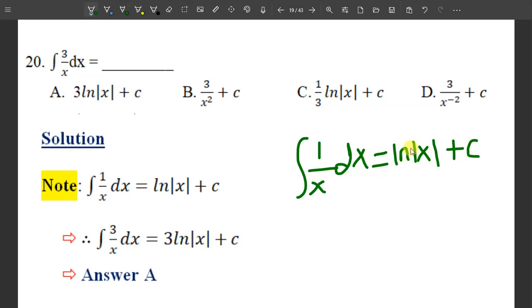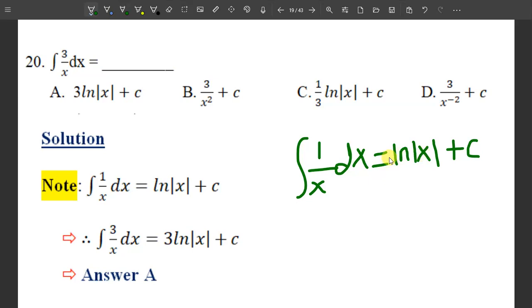Here the absolute value of x is needed because the domain of any logarithmic function written in this form is greater than 0. 0 and below 0 cannot be allowed in a logarithm.